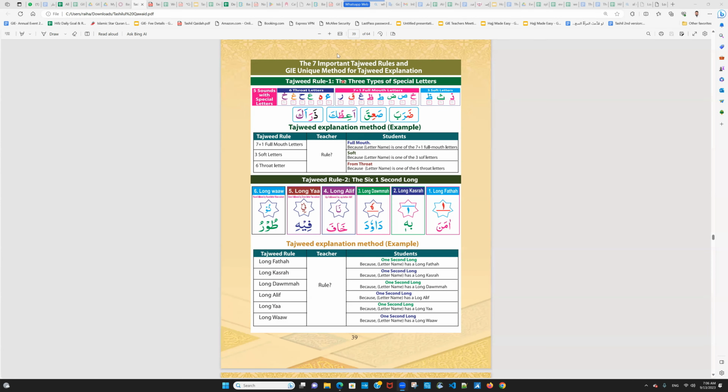Ain, Kasra, Ain. The teacher will ask again, rule. The student will say, this one also throat letter, because Ain is one of the 6 throat letters.